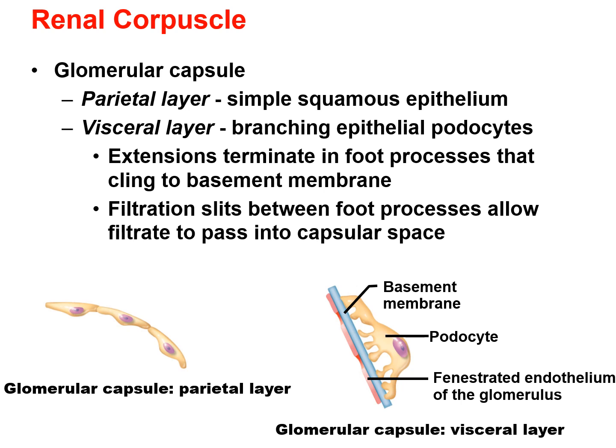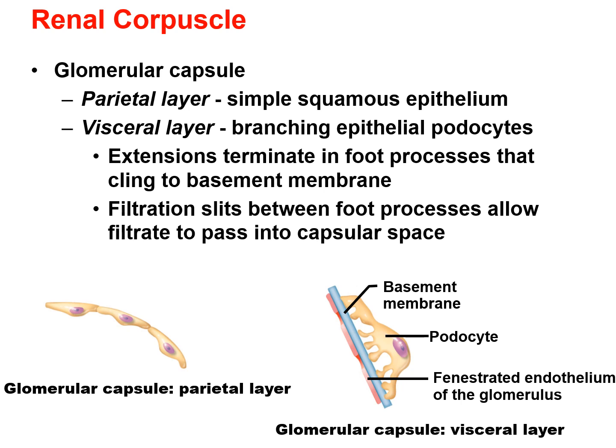And so you have these little foot-like processes that extend off of the cell and cling to the basement membrane. But because you have these little foot-like processes, it is going to create these little spaces where you don't have a portion of the cell. So this little space right here is going to be referred to as a filtration slit.